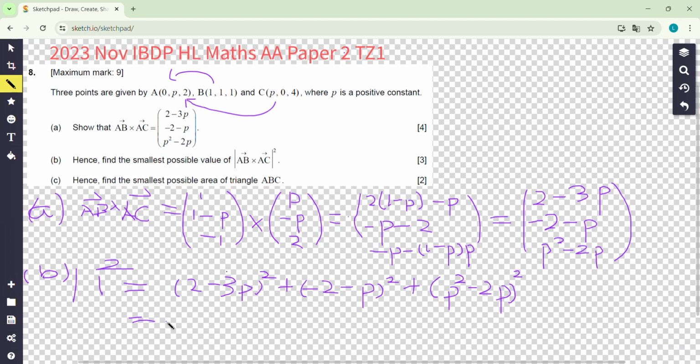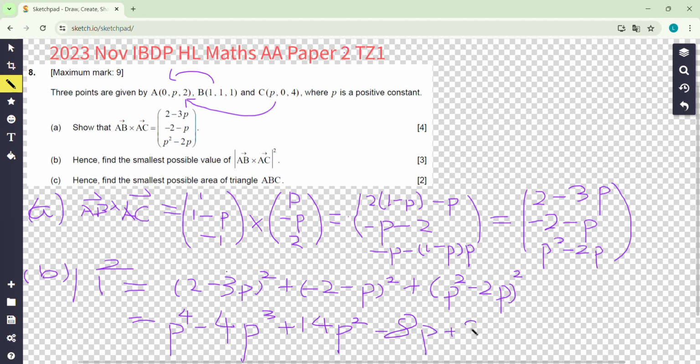I understand. A lot of calculation you need to do, a lot of simplification. After doing all the hard work, you should get P to the power 4, minus 4P cubed, plus 14P squared, minus 8P, plus 8.